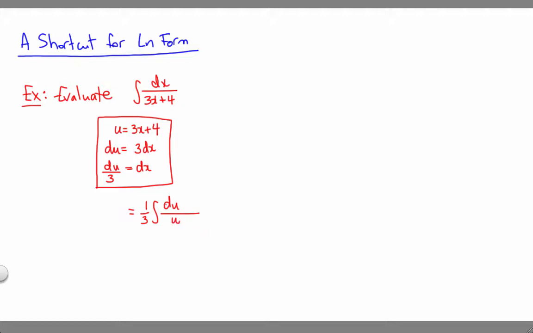So there we have the classic ln form, and if we remember integrating the ln form earlier in the course, we know that we're going to get 1/3 times ln absolute value of u plus a constant, and we could go back to our original variable. We'd have 1/3 ln absolute value 3x plus 4 plus a constant.